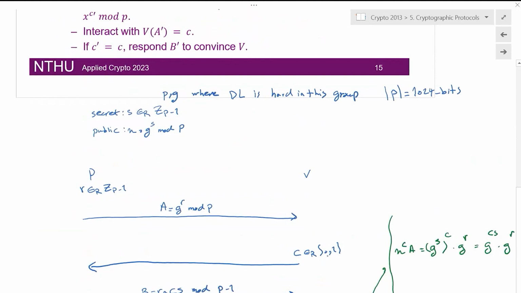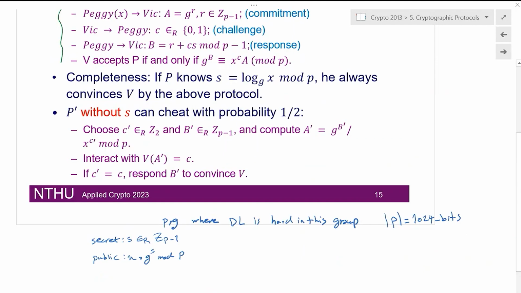If you look over here, when the challenge is 0, the challenge multiplied by the secret is 0. So sometimes when the challenge is 0, you don't need to know the secret key to answer these challenges. You just need to know this value. If that is the case and you hope for it, then a cheating prover can basically cheat with the probability of 50% to be a prover.